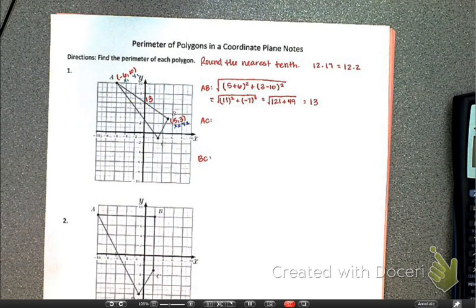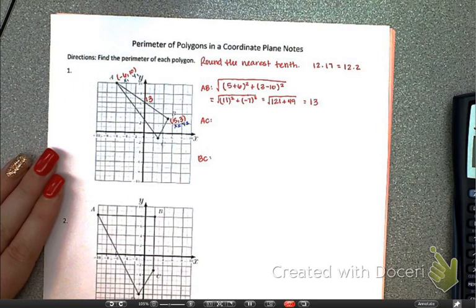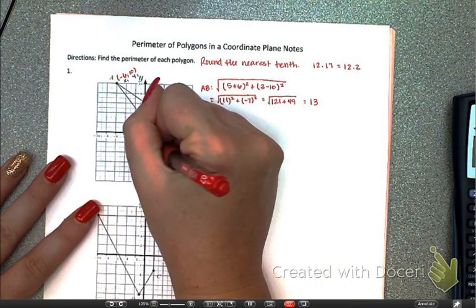What is my coordinate for C? 3, negative 1.